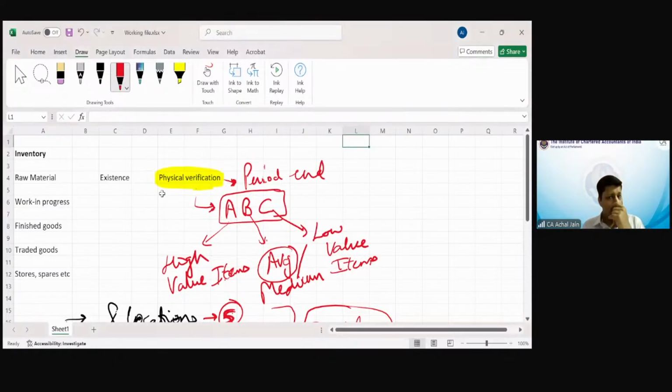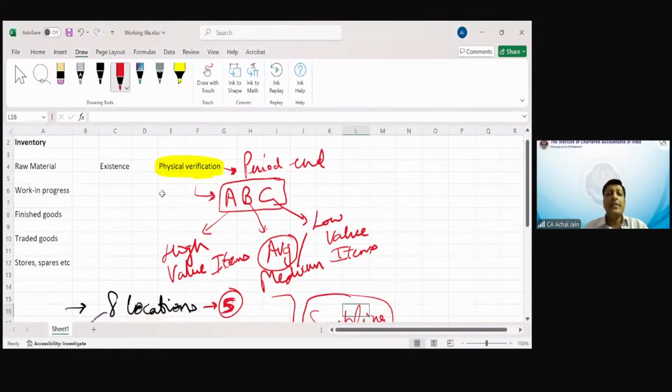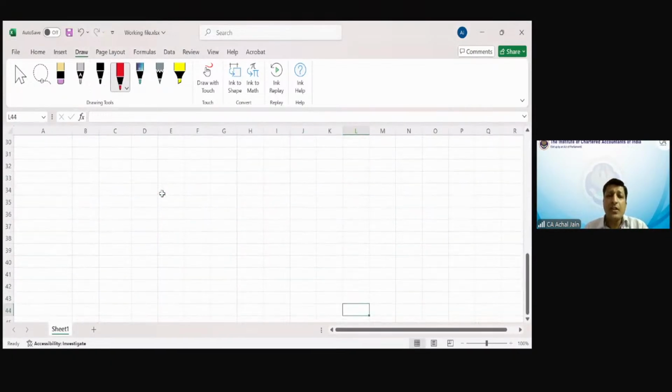Now, sometimes in relation to this physical verification, we are not yet done. This physical verification of inventory is not yet completed. So there are some more aspects to it.